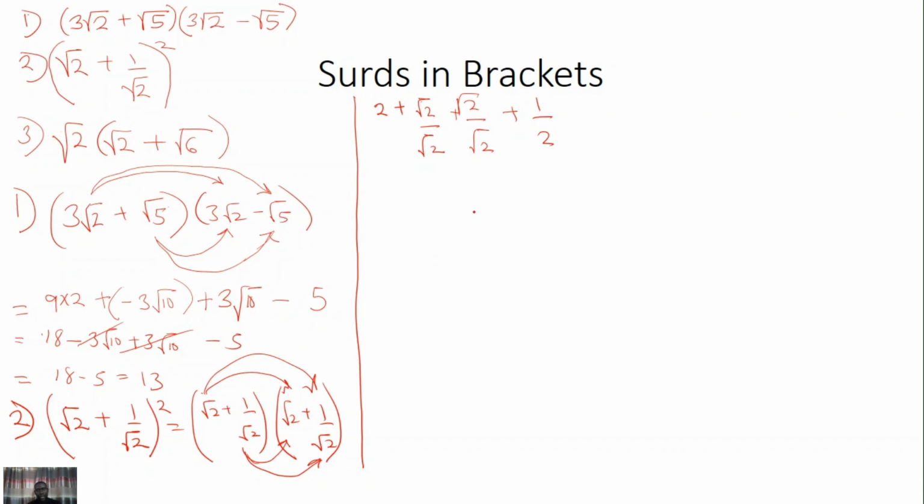If you want to know why that is like that, you can check my video on multiplication of surds, okay. If you still don't understand, you can write in the comment section below for me to make a special video on that, okay. Now we have root 2 over root 2 cancel out, right, which is equal to 1, and root 2 over root 2 here cancel out, which is equal to 1.